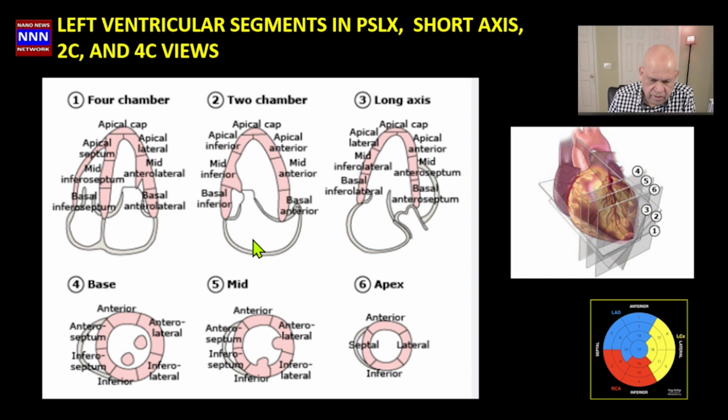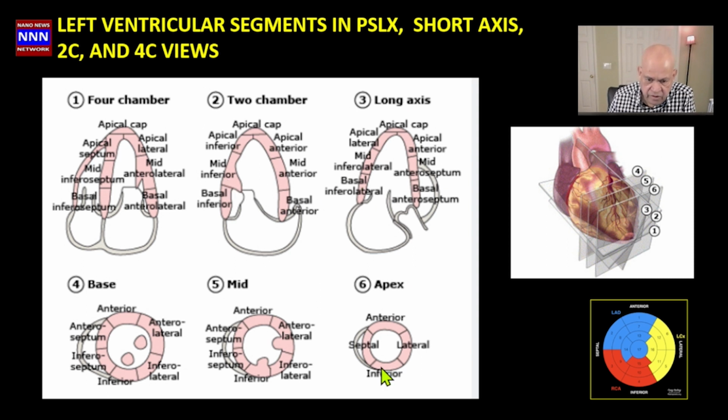Basically, we are looking at the two-chamber view, which is almost going straight like this from top to bottom. Then we have the anterior wall and the inferior wall. The main differentiation we want to make is that in a parasternal long axis view, we are not seeing the inferior wall.